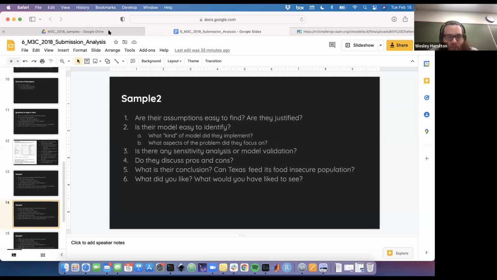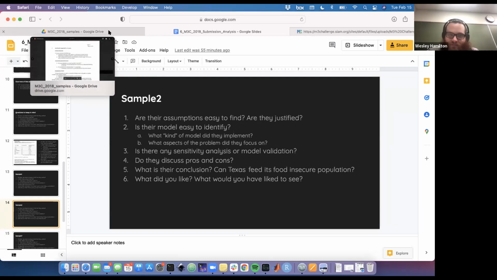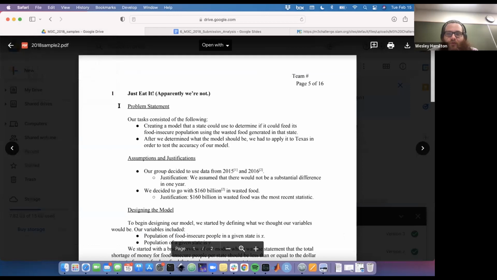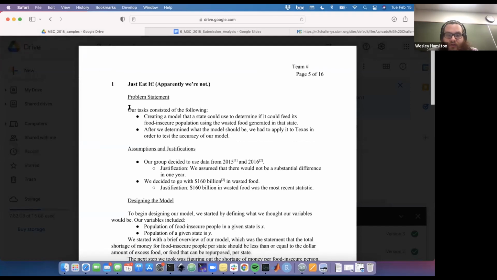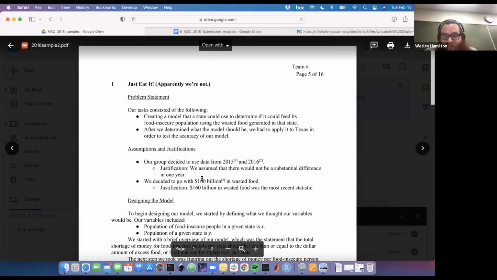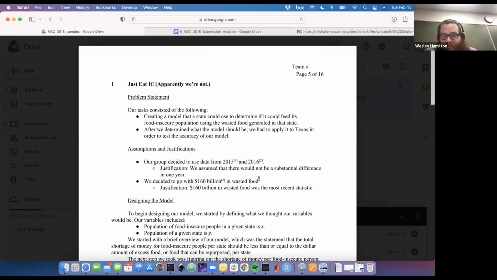Okay, so we can take a direct look. Go to the sample. Great, problem statement, assumptions and justification right here. So we have a comment: their assumptions are easy to find, but they could have backed it up with more data. And I would agree. Sure, they say, our group decided to use data from 2015-16, and presumably they give references. We decided to go with 160 billion in wasted food.